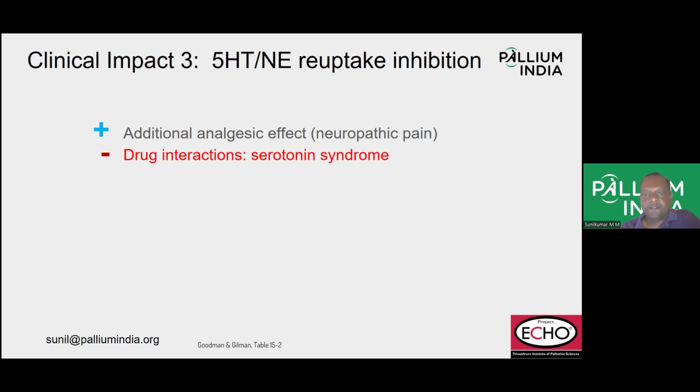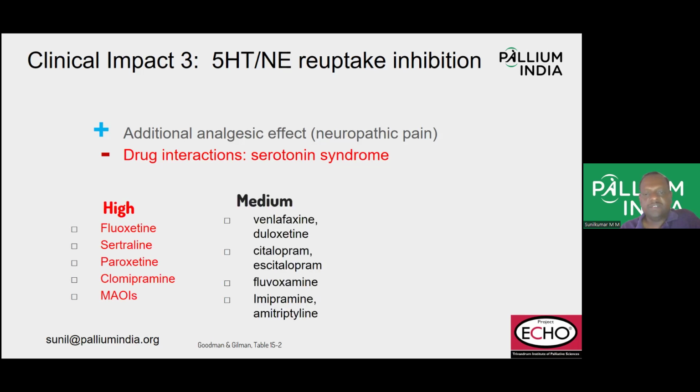So when you give tramadol or methadone along with medications like SSRIs or MAO inhibitors, this can produce serotonin syndrome. The chance of producing serotonin syndrome varies with the medication. There is a low chance with nortriptyline, whereas it is high with fluoxetine, sertraline, paroxetine.